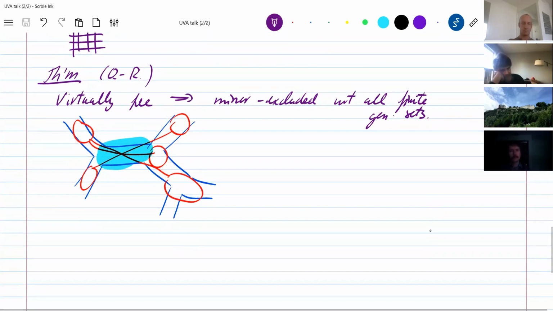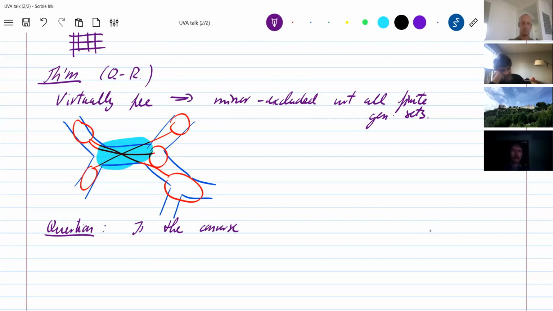And so something that suggests itself here is the question of: is the converse true? Ostrovsky and Rosenthal actually did ask this question. So is the converse implication true?